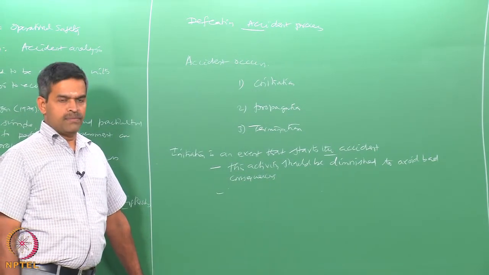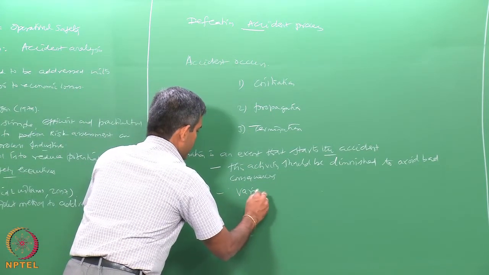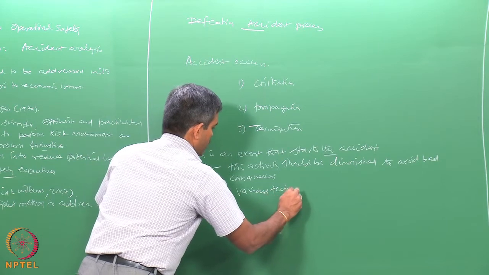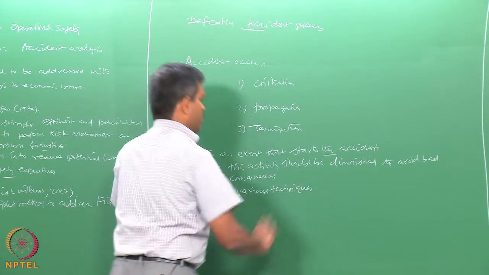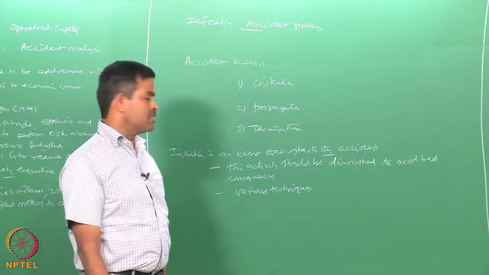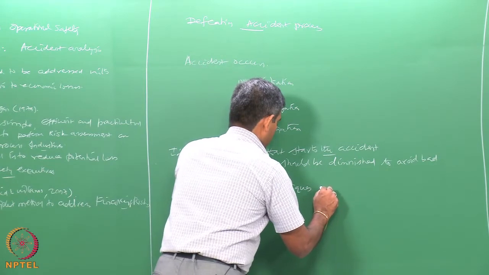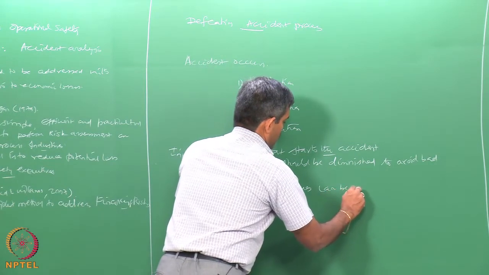How can this be done? This can be done by various techniques, by which this initiating event, if at all accident is going to be initiated, can be controlled or put down.